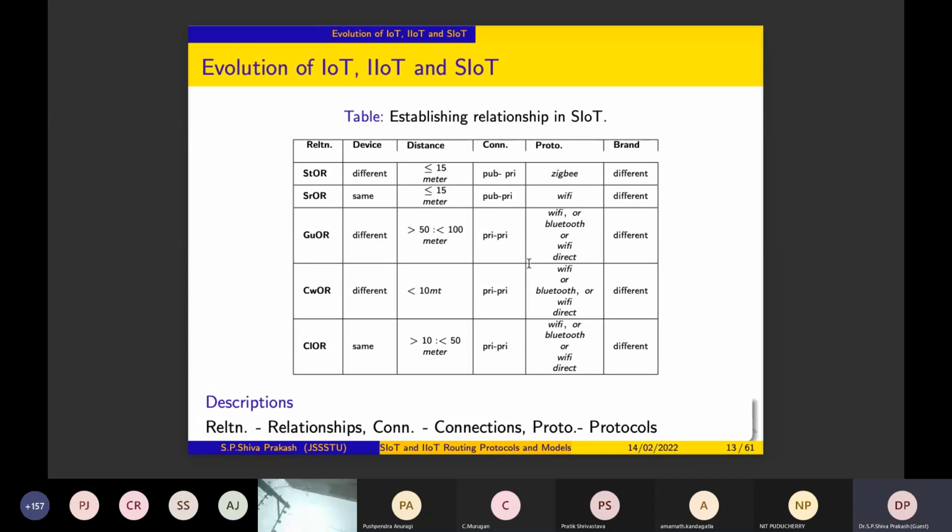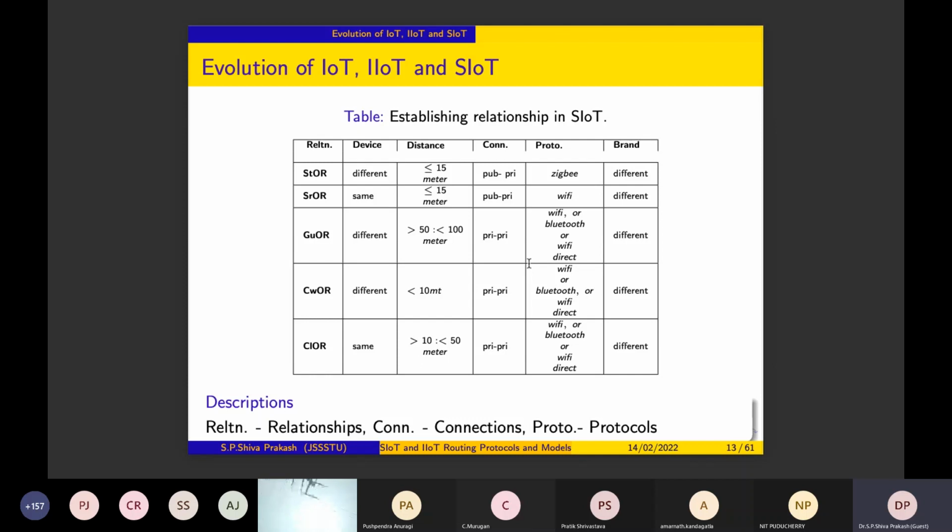Now, depending on this, for example, suppose you have a stranger object relationship. If the two devices are different, the distance is less than 15 meters, and they are using Zigbee protocol, and the brand is different, then we define it as a stranger object.